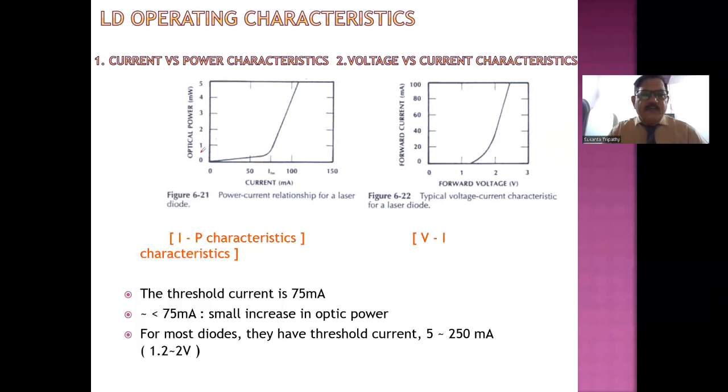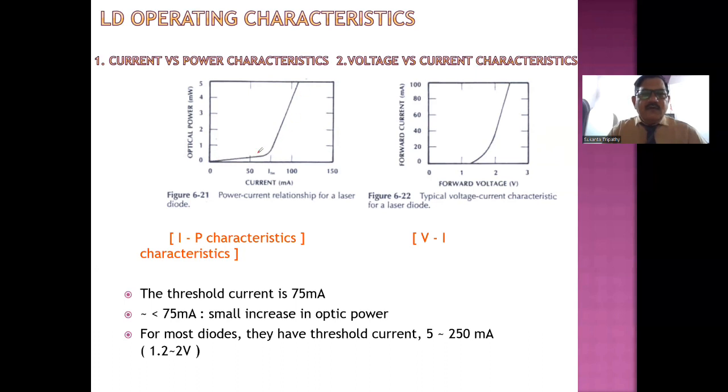perfectly linear, because there is a small amount of optical power when the current is up to a value like 60 milliamps. After that, the optical power suddenly rises, so you can expect a linear behavior in this range, whereas this is again another region.